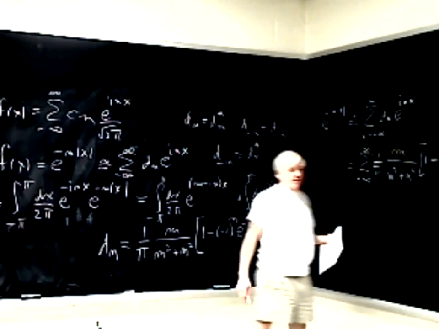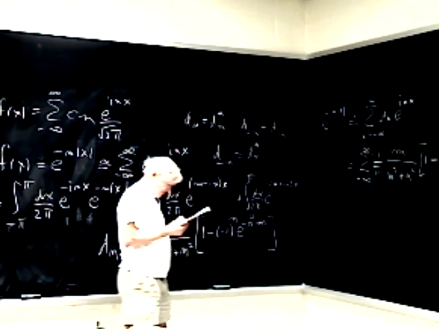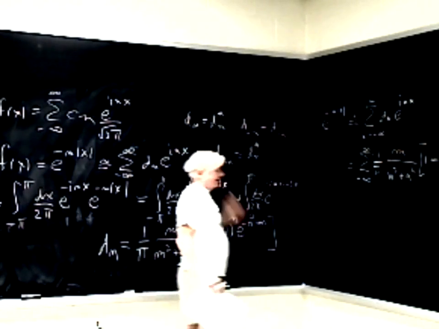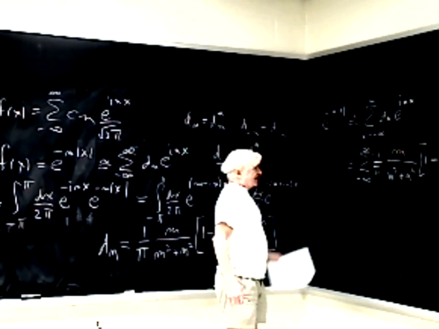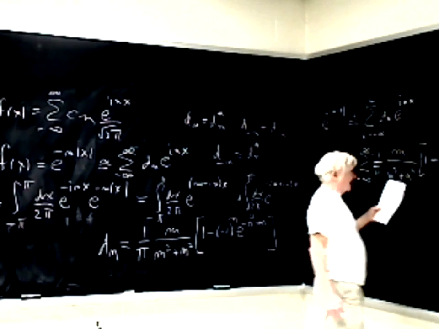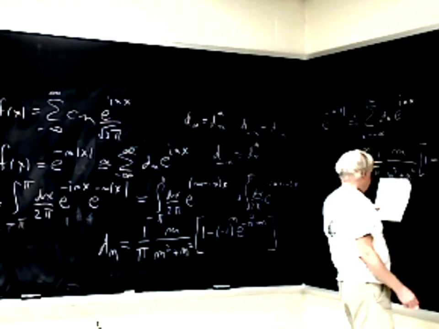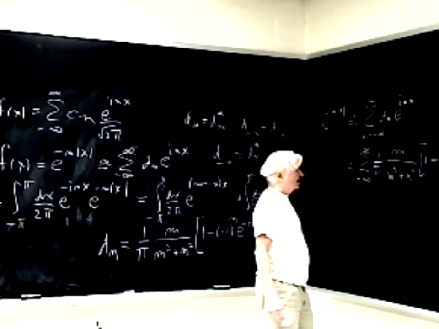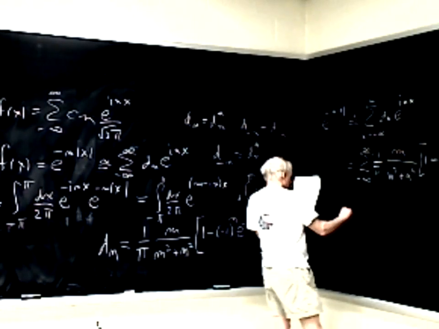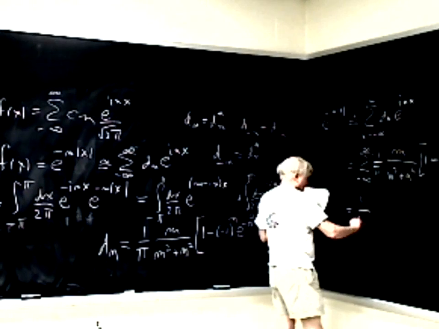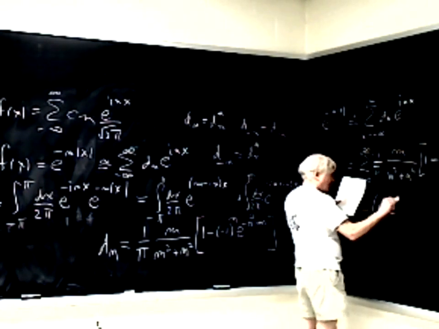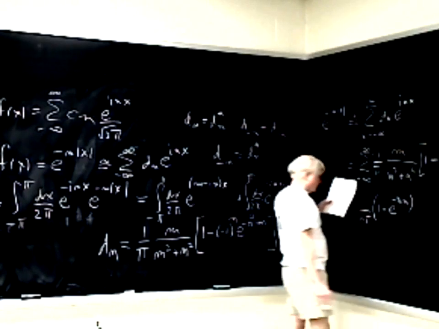So that's our formula, and we can simplify it somewhat. Namely, you can pull out the case for n equal to 0, and that gives you 1 over m pi times 1 minus e to the minus pi m.